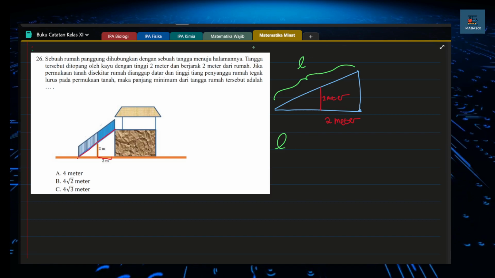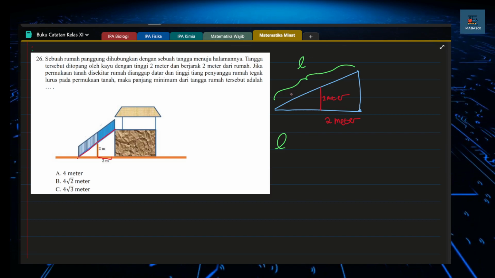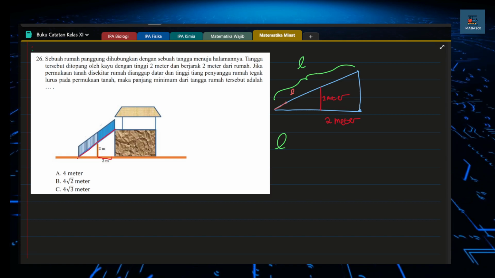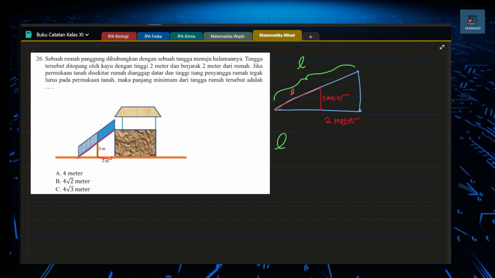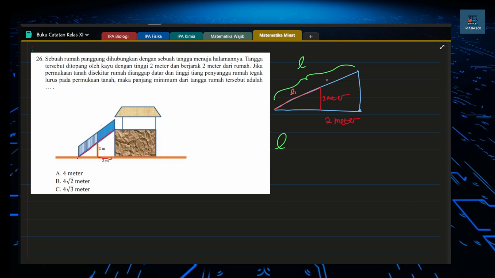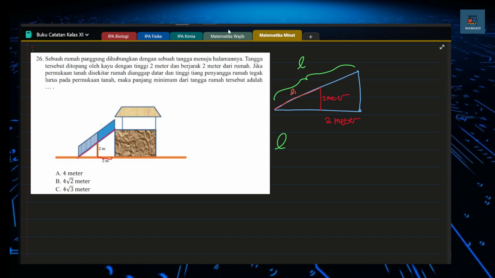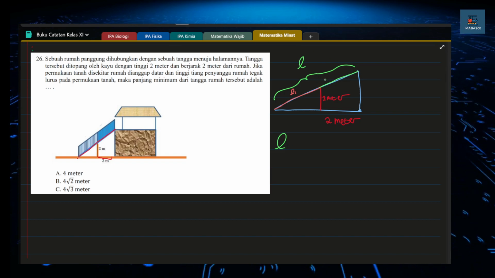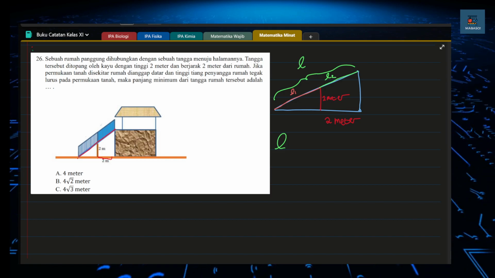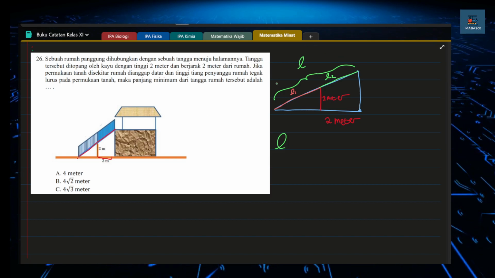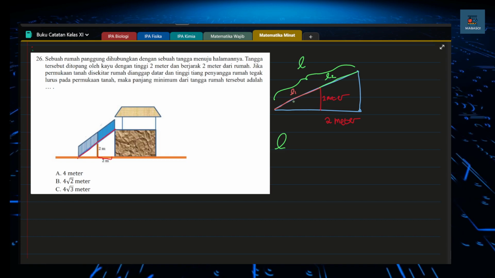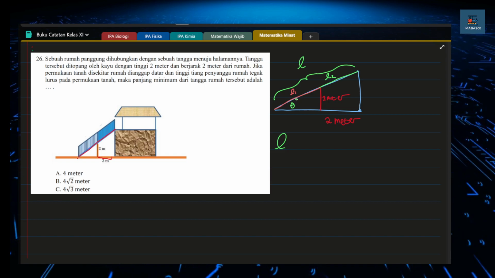For finding L, I could do these separations. Let's call this length L1, and this part L2. And I assume that we have this angle theta here.